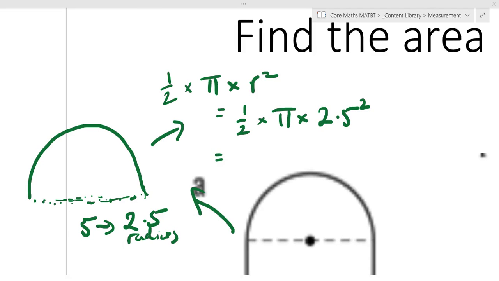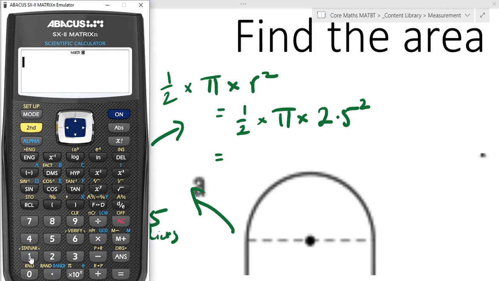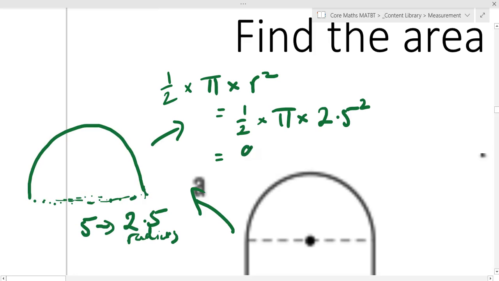So the area of that, thank you Dylan, I'm going to trust you, but let me just double check, 2.5 squared, 9.8, let's go 2 decimals. That's 9.82 centimeters squared. So that's the first thing. I've got this semicircle.